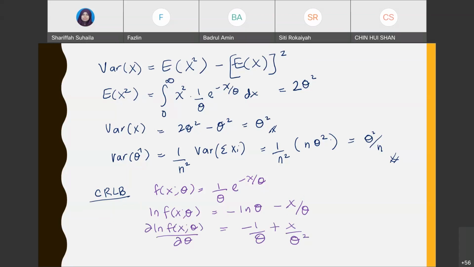Okay, so katakan kita differentiate sekali lagi, differentiate second time, you get 1 over theta square for this term. Okay, double check dengan saya punya jawapan.